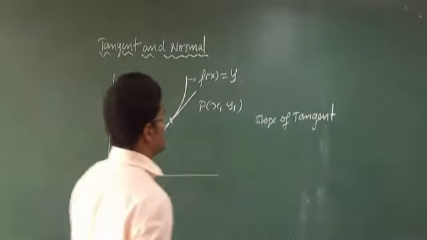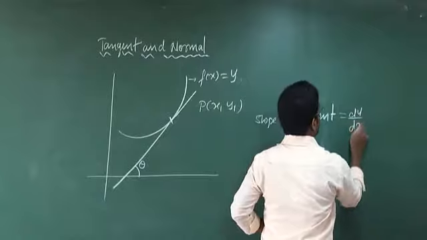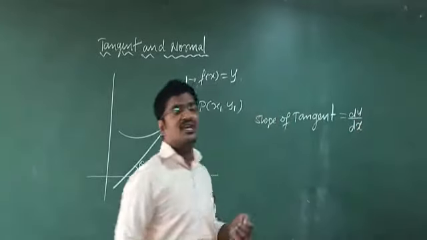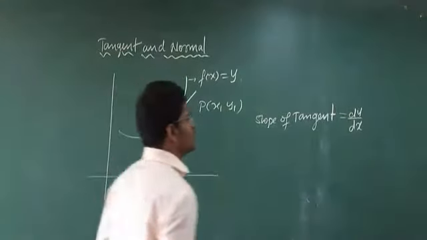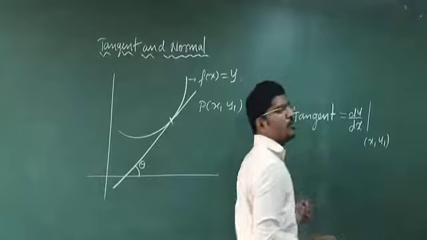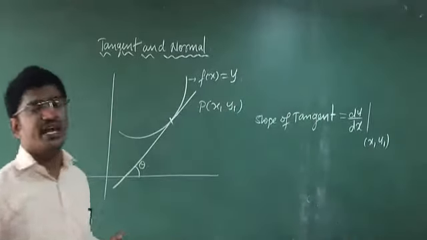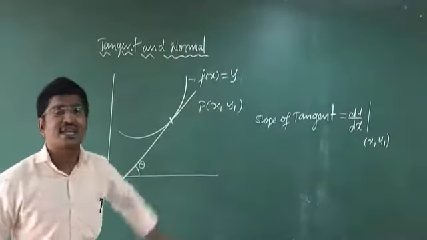So for that reason, the slope of tangent will be equal to dy by dx at the point (x1, y1), which will be the slope of this particular line.